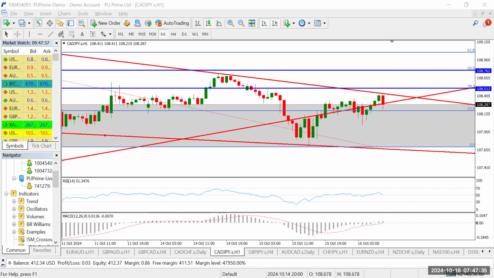Take profit at 108.762, and stop loss at 108.199. All right. So I'll drop it in the comment section now. So that's it right there. You can pick it for CAD JPY. Again, I emphasize, if you have taken a sell on USD CAD, don't take a buy trade on the CAD JPY.